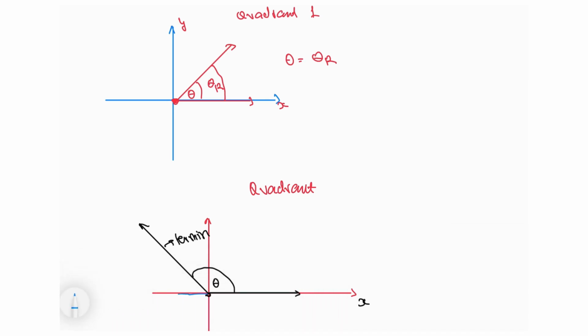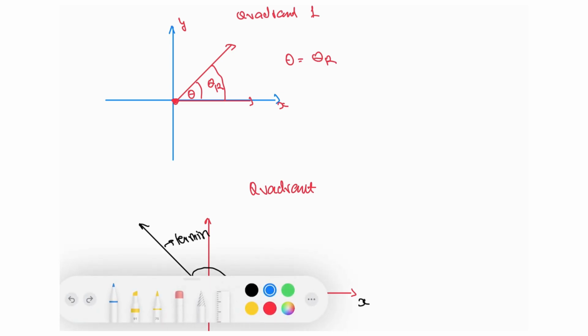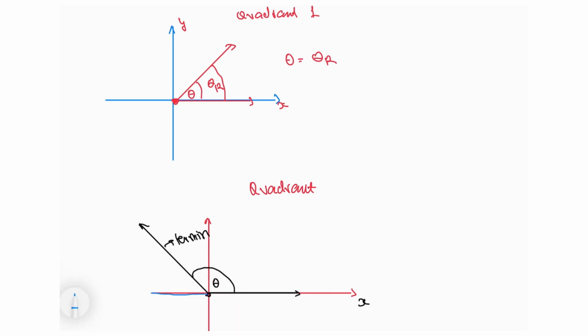This is now theta r. In the case of quadrant 2, theta r equals 180 minus theta.